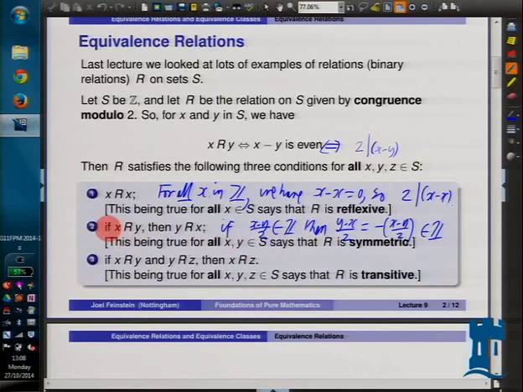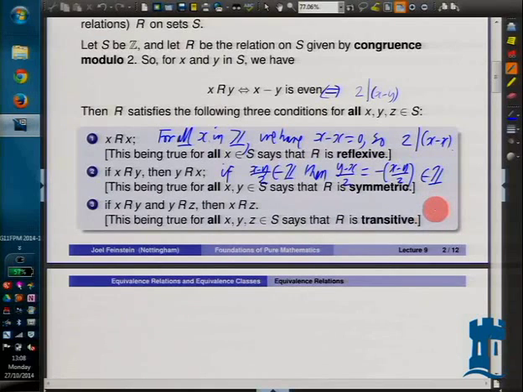For those x and y where x isn't related to y, this is true automatically, because whenever you say if something that's false, then that one's true automatically. So the only interesting ones are the ones where it is true that x is related to y, and then it has to be true that y is related to x. And finally, this last one here is the transitivity one. Again, it has to be true for all x, y, and z.